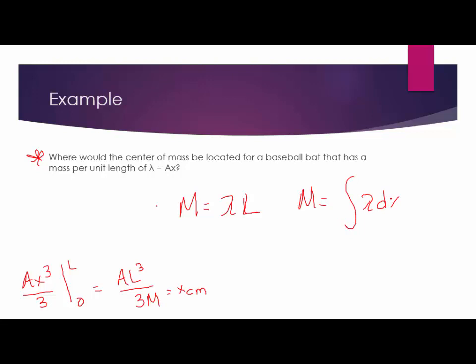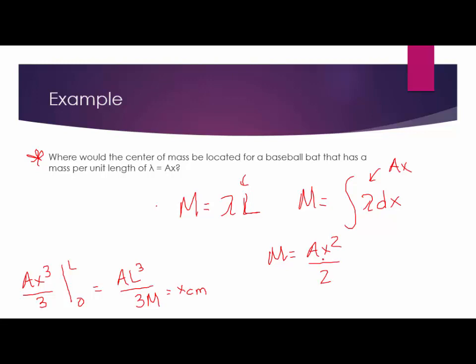Now L represents the total length. Because lambda is changing, it's dependent on how far along the object you are, so we need to integrate this. Lambda is ax, so that means our total mass is actually equal to ax squared over 2.